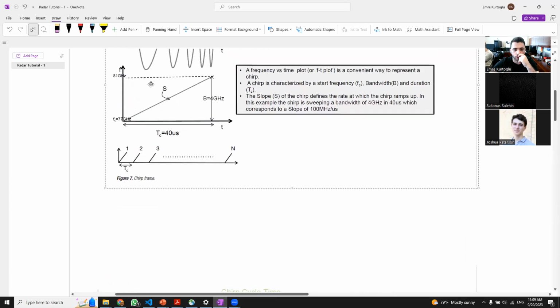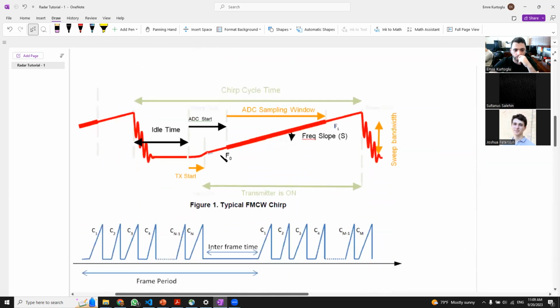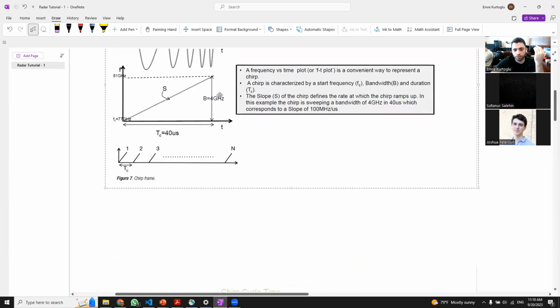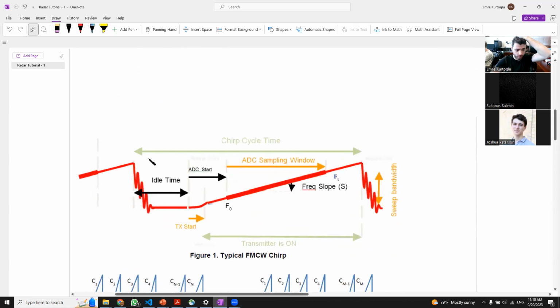So let's look into this chirp in a bit more detail. This red plot here is the chirp, where the x-axis is time and the y-axis is the frequency. As you can see, the ramp is increasing and then decreasing. This is the ideal scenario, but in real hardware, the ramp up and ramp down is not instantaneous.